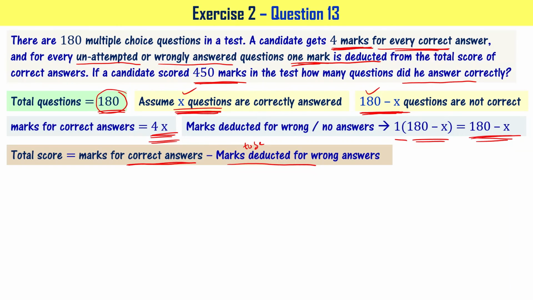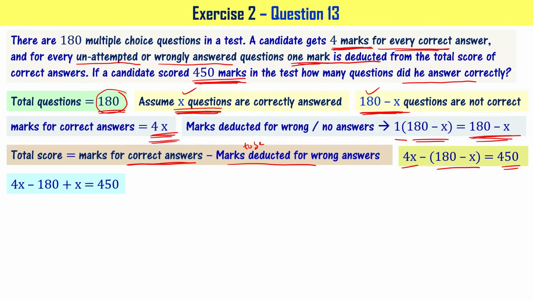Let's substitute them. 4x minus 180 minus x equal to 450 because total he scored 450 marks, right? Now let's simplify this equation so that I can write it as 4x minus 180 plus x equal to 450, right? Now I can further simplify by adding 4x and x. I can write it as 5x minus 180 equal to 450, right?